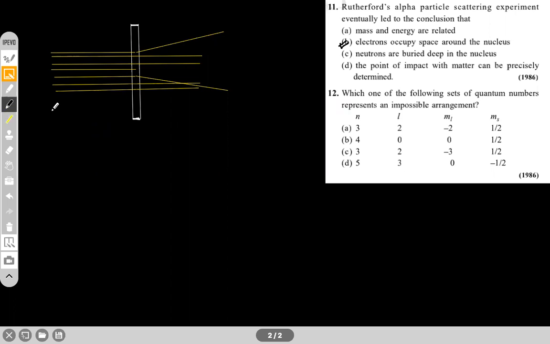So some of the alpha particles deviate with a very small angle. Just a quick revision if you do not remember it.